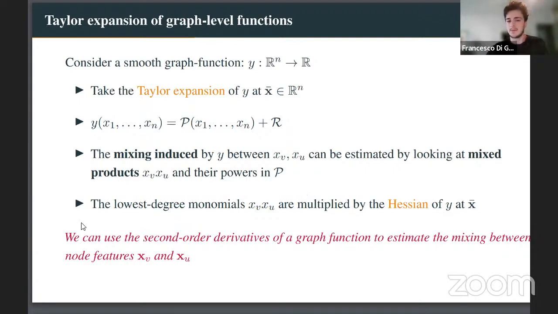The lowest degree monomials, xv and xu, are multiplied by the Hessian term of such function at the reference point. So all of this very simple argument just to say that we can take the second order derivatives of a function of features on the nodes of a graph to estimate the mixing, or equivalently the product type of interactions between the node features xv and xu, okay?